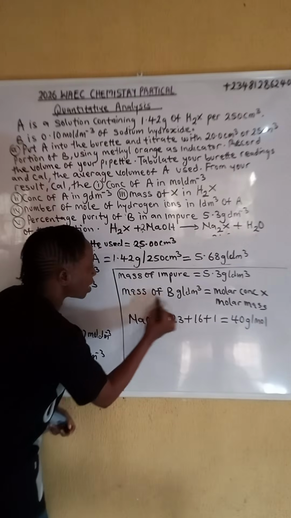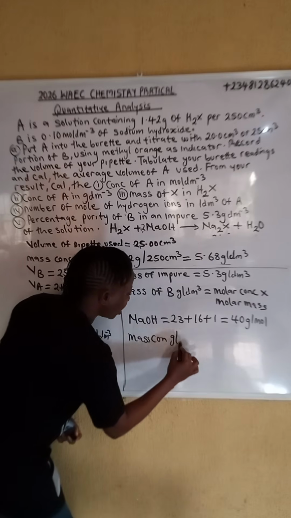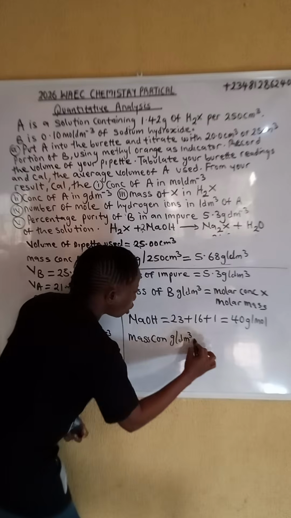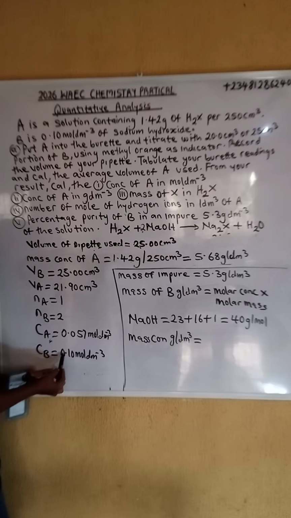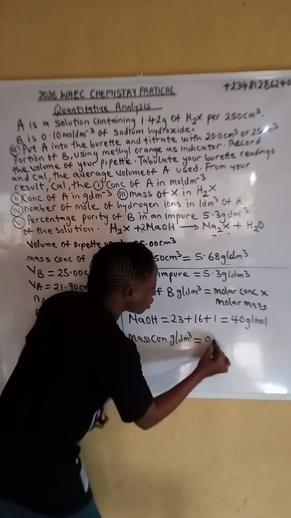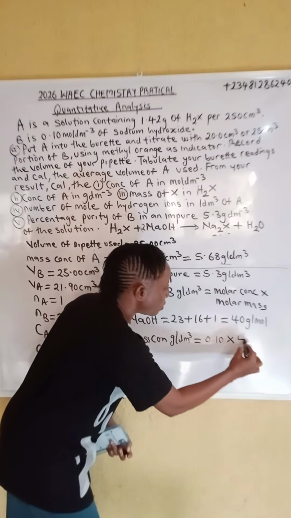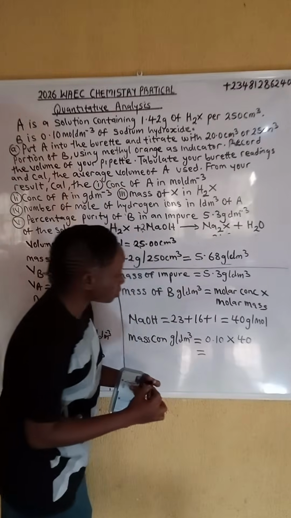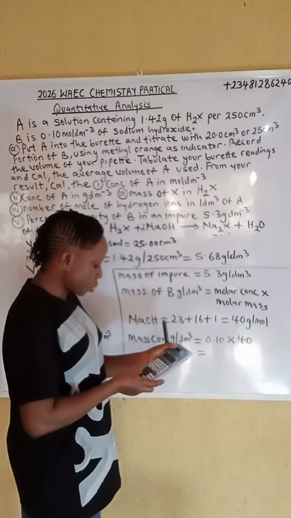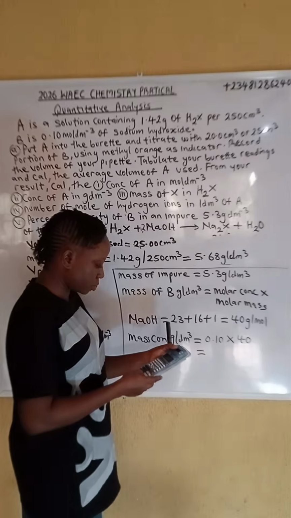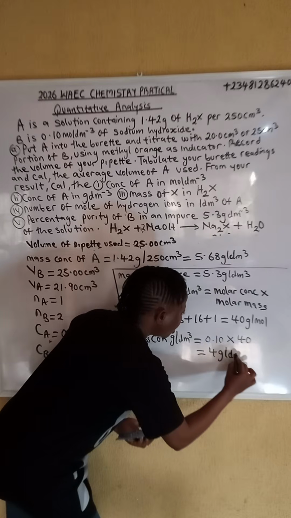Now let me calculate my mass concentration in gram per dm cube. It is equal to the molar concentration of base, 0.10, multiplied by the molar mass, 40. 0.10 times 40 is 4 grams per dm cube.